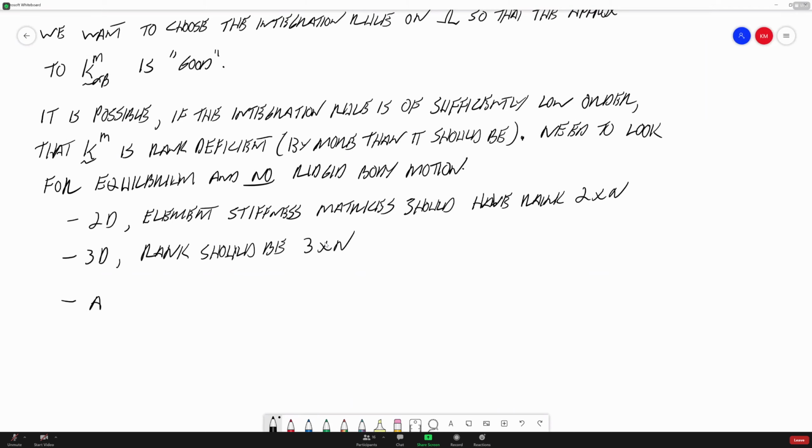So a rank deficient stiffness matrix can lead to this phenomena called hourglassing.